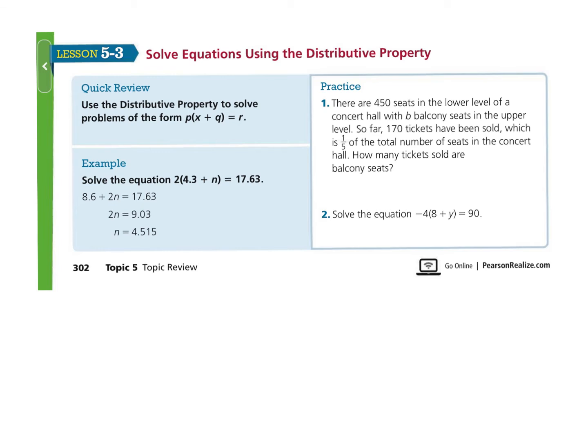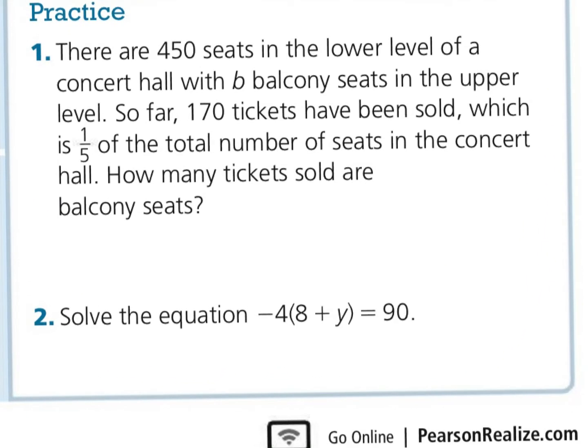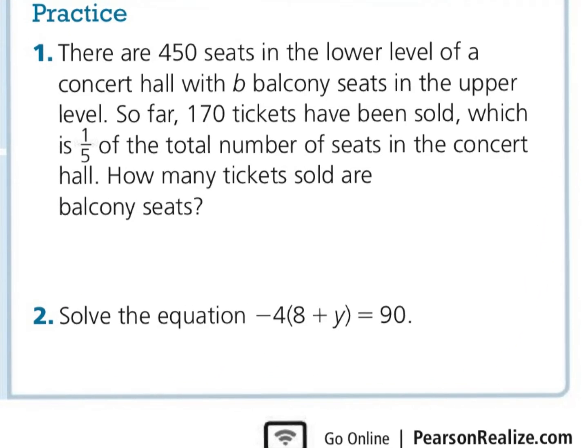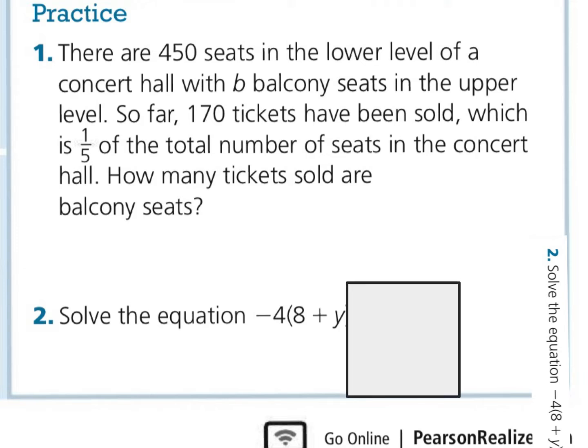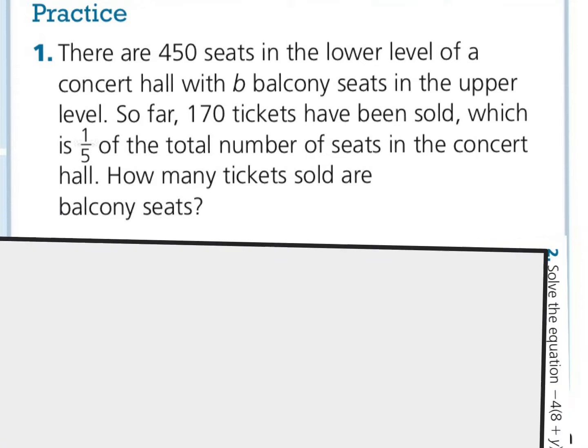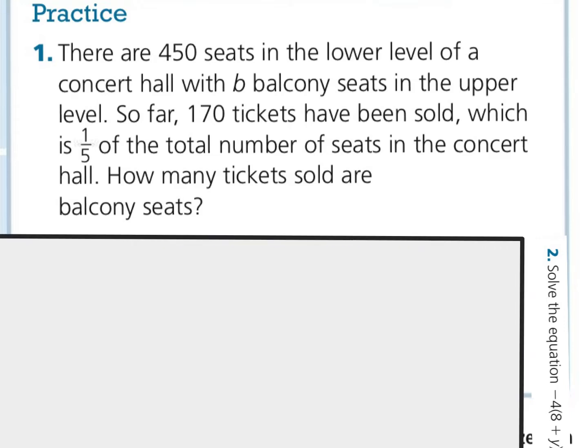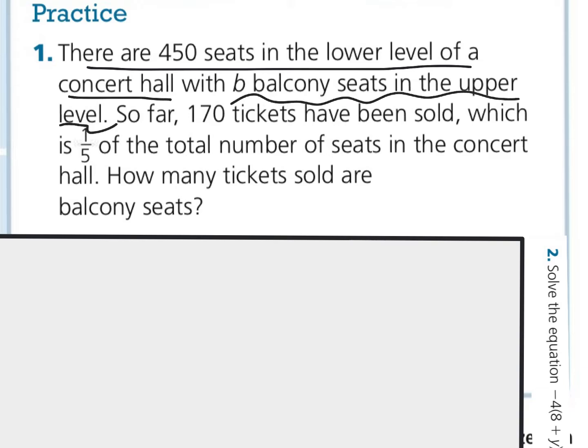Section 3 was on solving equations using the distributive property. So, number 1, says that there are 450 seats in the lower level of the concert hall and B balcony seats in the upper level.